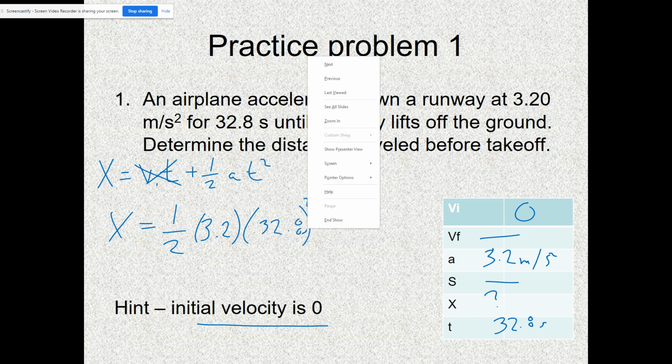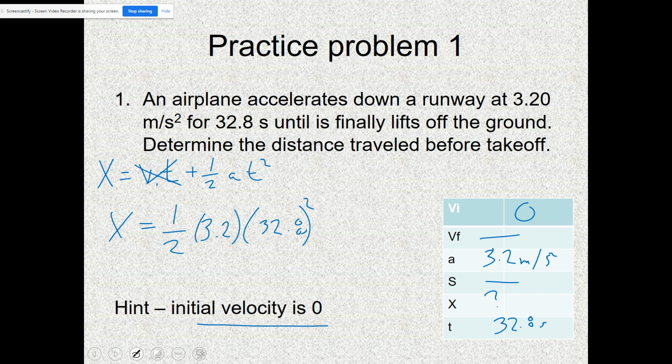Notice that the time is in seconds squared, and the units for acceleration are meters per second squared, which means the seconds squared cancels out, and I just get meters. So if I plug all those numbers into my calculator, I get 1721 meters.